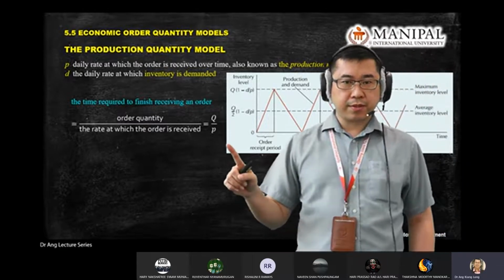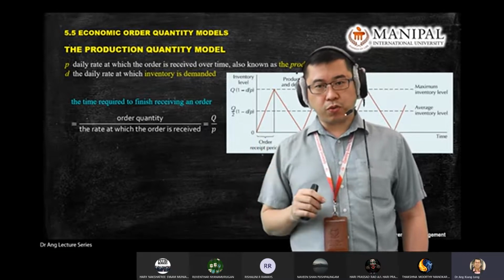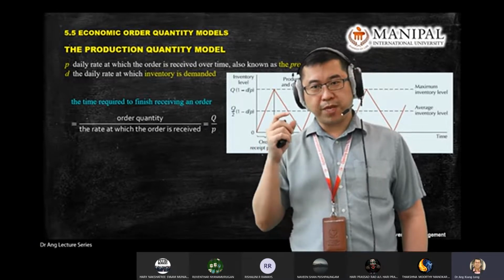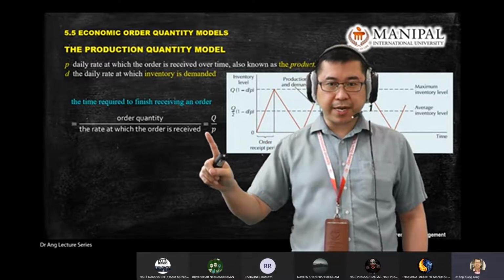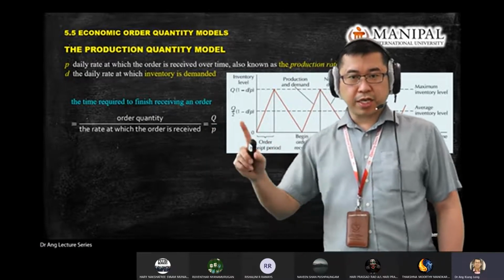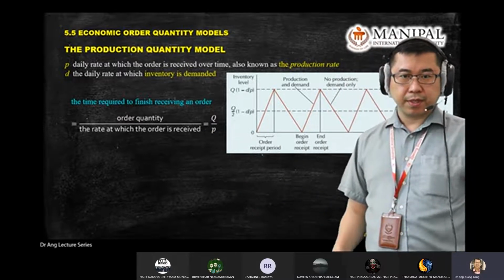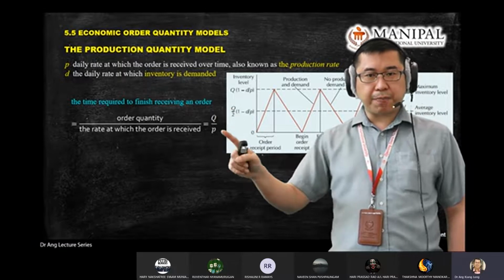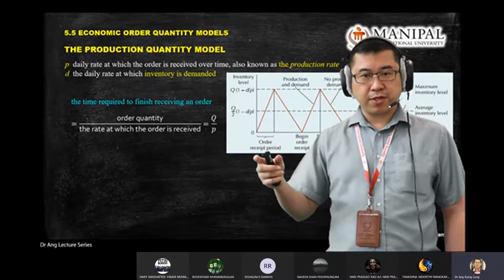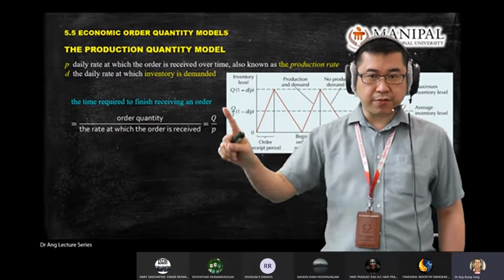So this one is to calculate how long it takes to produce to meet the customer demand. Q divided by P. Q is the quantity, P is how many you produce. So it will give you the time required to finish receiving an order.